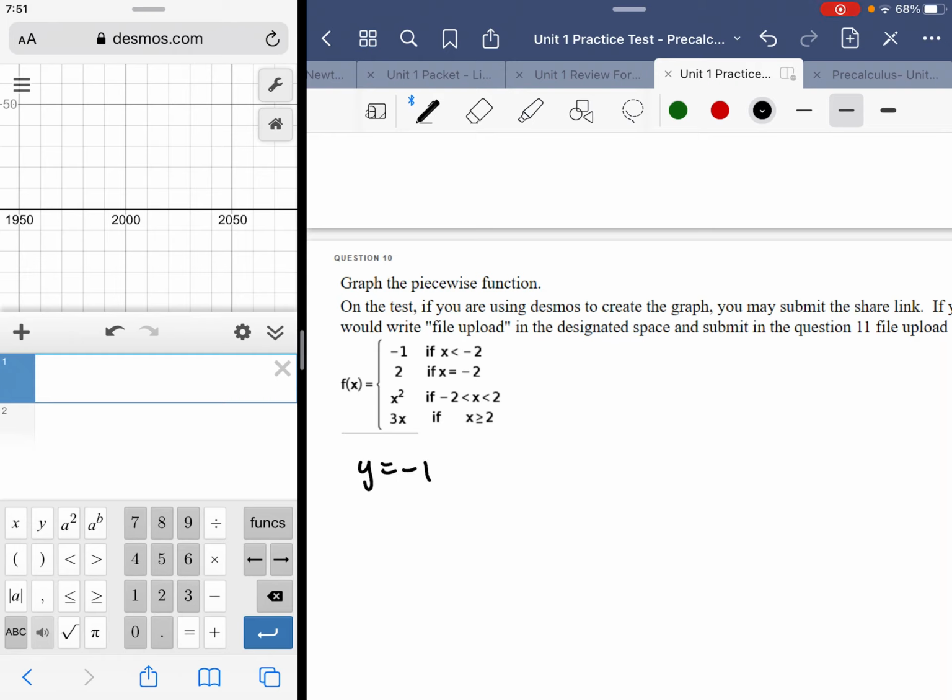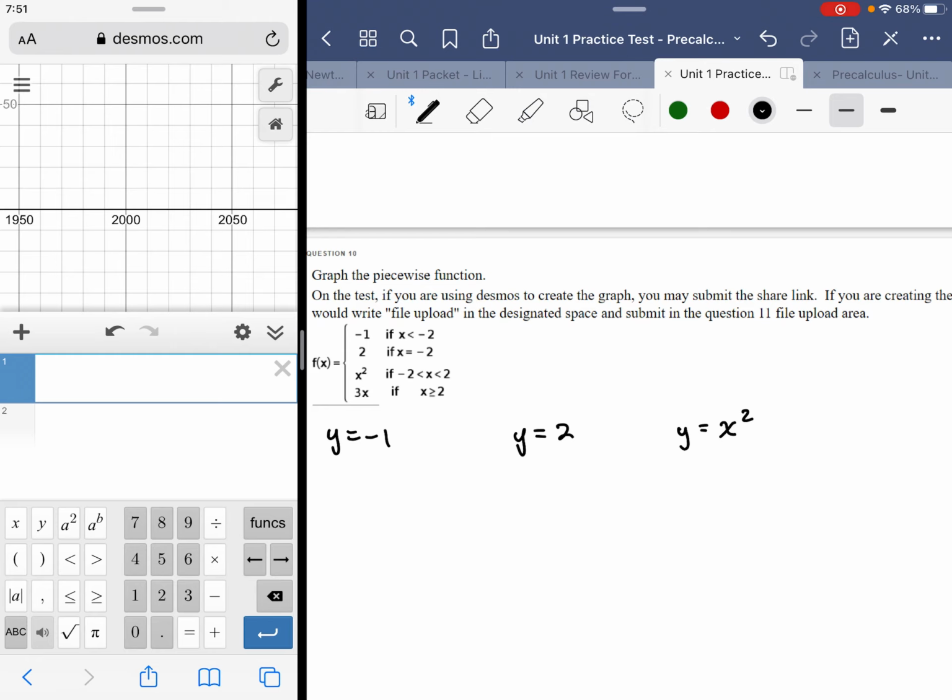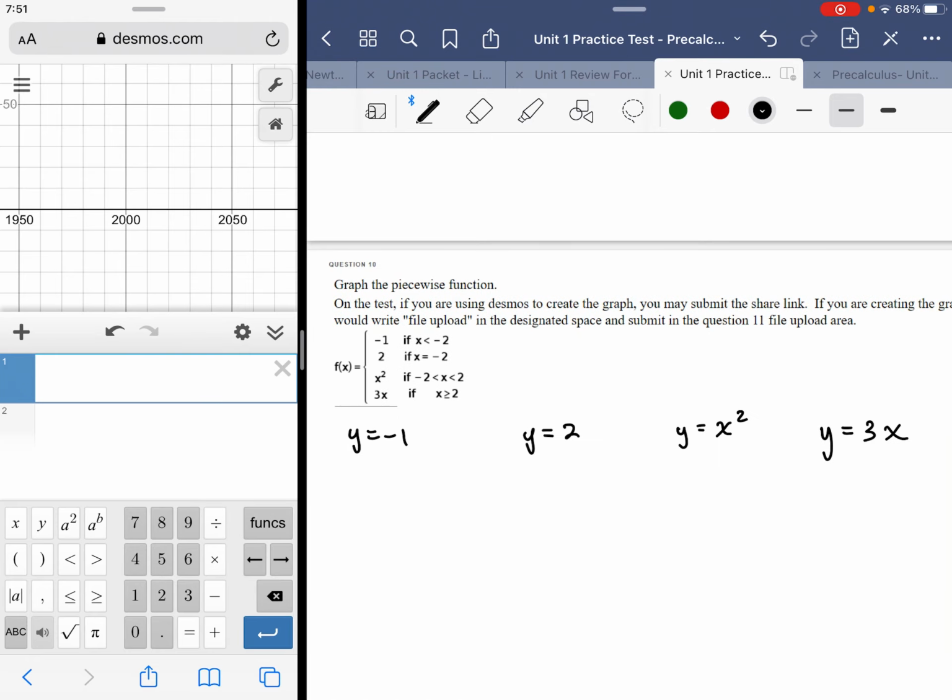So we have y equals negative 1, y equals 2, y equals x squared, and y equals 3x. That first piece is only for values of x that are less than negative 2. So I want the largest value in my set to be a negative 2, and I would only be including values that are less than that.